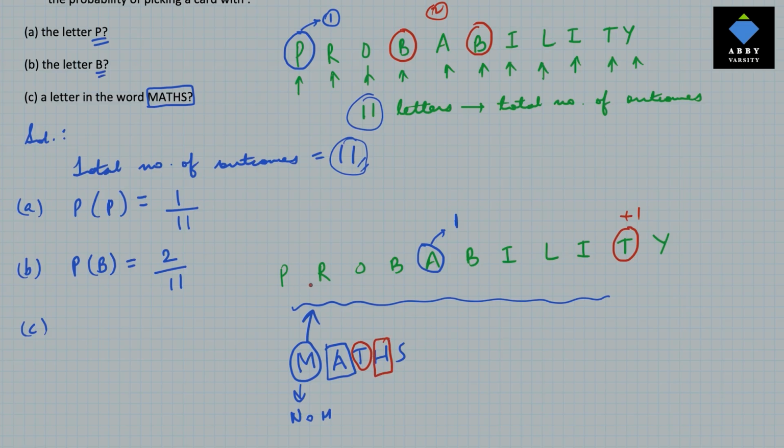How many H's? 0. How many S's? Again 0. So total favorable outcomes will be equal to 1 plus 1, 1 for the A and 1 for the T, which is equal to 2. Therefore, required probability will be equal to 2 by 11.